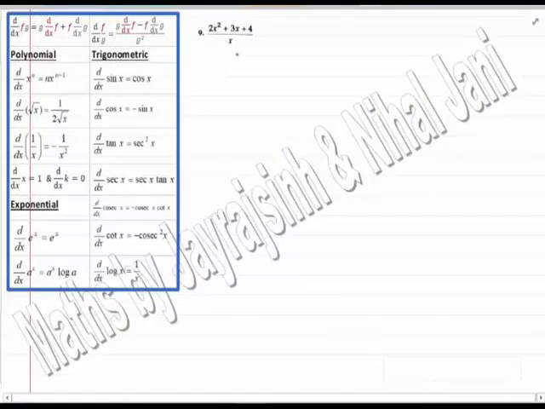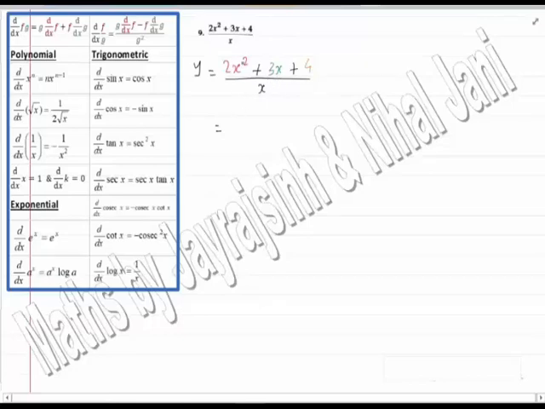Now let's move to question number 9, in which we have y is equal to 2x square plus 3x plus 4 whole divided by x. Now before we apply the differentiation we have to simplify the term. Always remember to simplify before applying the differentiation, okay, please.